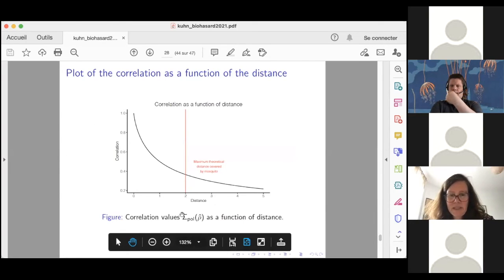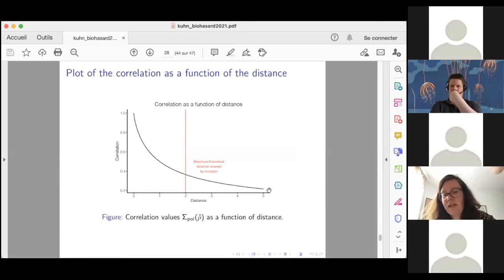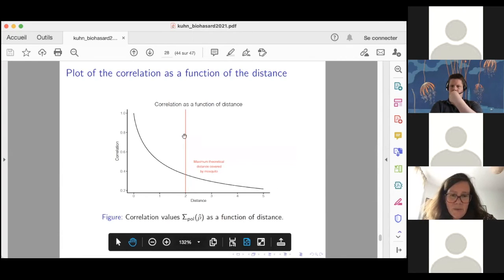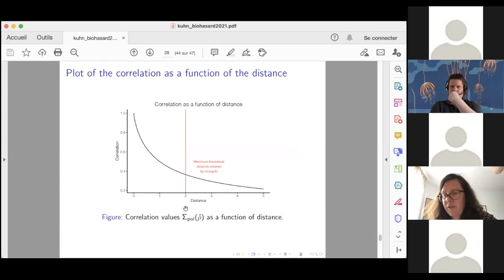So we plot the value of the correlation structure of the frailty as a function of the distance. Here on the x-axis you have the distance and the correlation value here. We call a polynomial function here. What is represented in red is this 2 kilometers, which is the theoretical maximum distance covered by a mosquito.